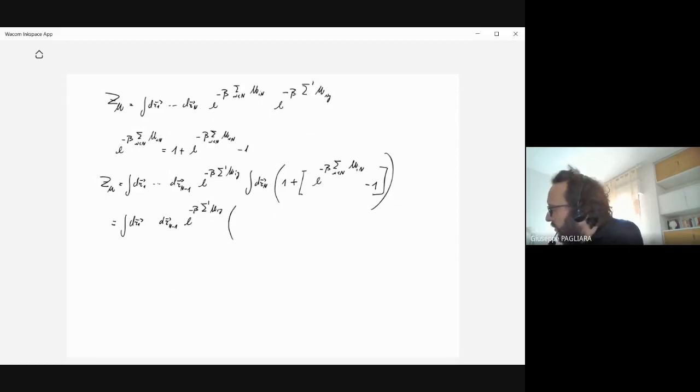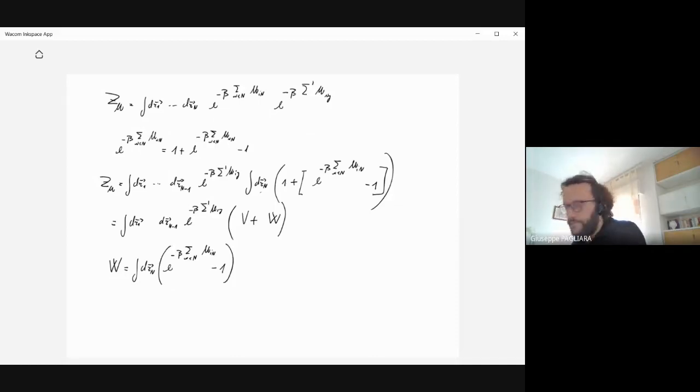Here we have the integral dR_n of 1, which is just the volume V of the box, plus, let me call it W, where W is this factor here, the integral dR_n of e to the minus beta sum i less than n of u_in minus 1.